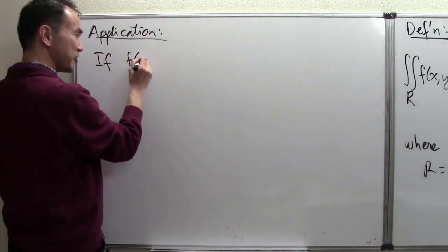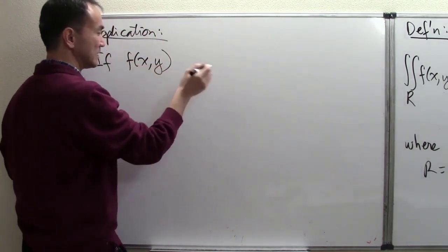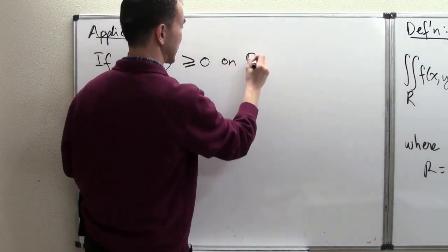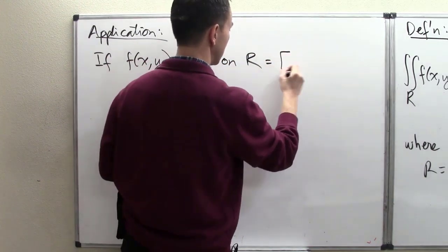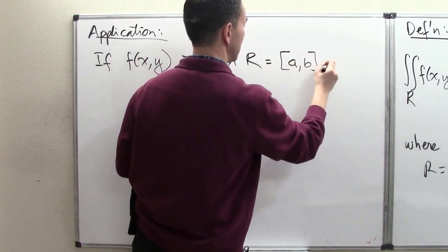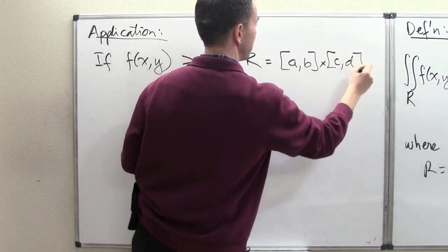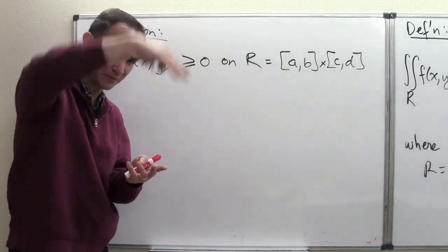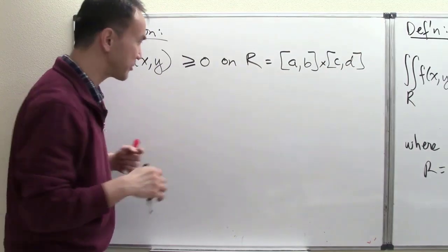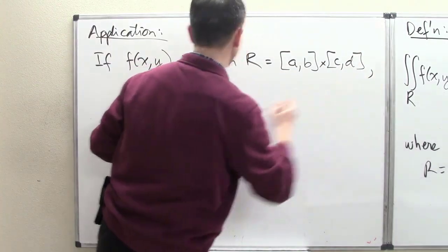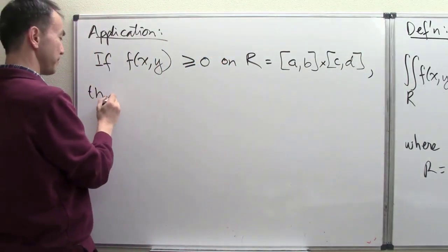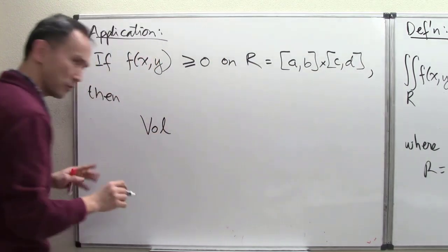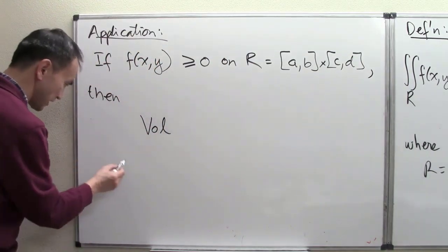If our function is specifically non-negative on the rectangular region R being [a, b] by [c, d], if the function is non-negative, or above the x and y floor on that rectangular region, then I was talking earlier about the volume. Let me bring up that illustration in our particular problem.